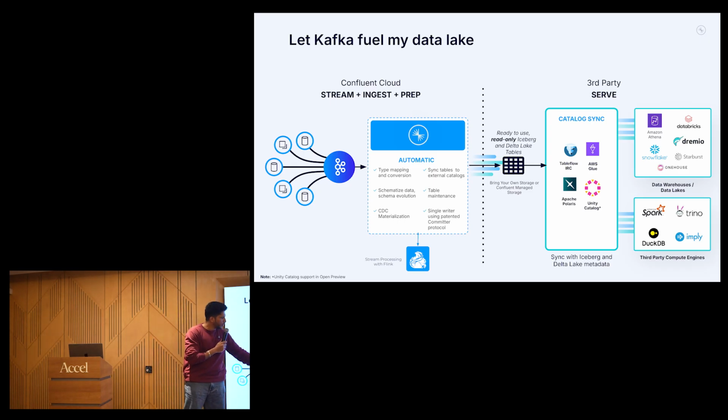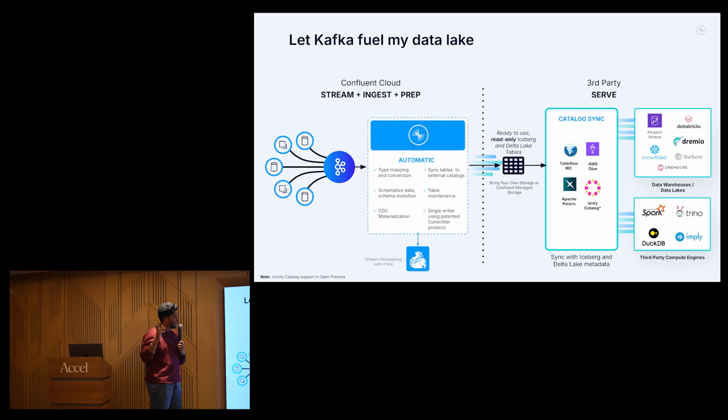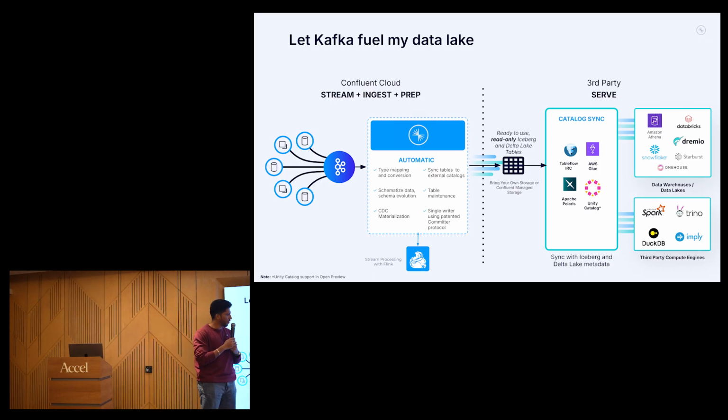Another problem we talked about is when you have multiple writers, one writer wins, and the other one has to retry everything. So that's a lot of wasted effort and compute. In TableFlow, you don't have this problem because we have a single writer using a patented protocol called the committer protocol.